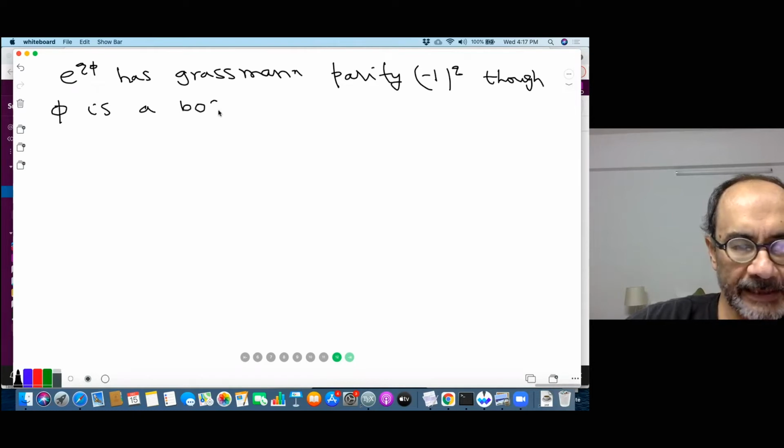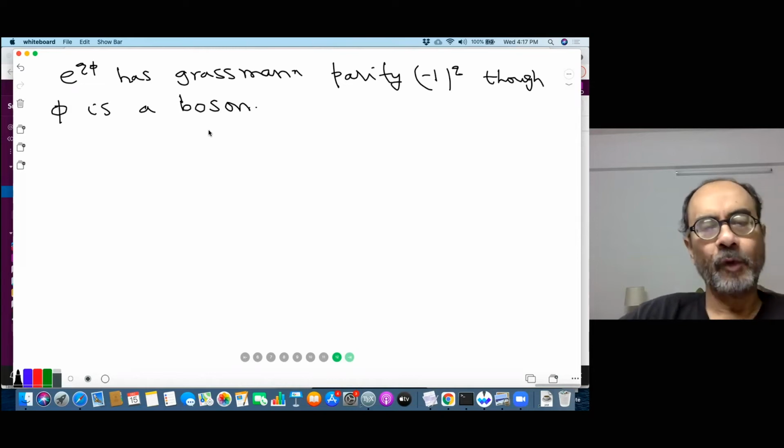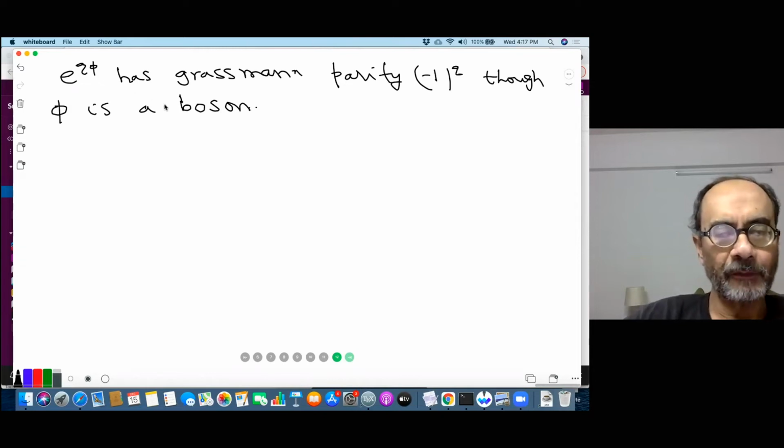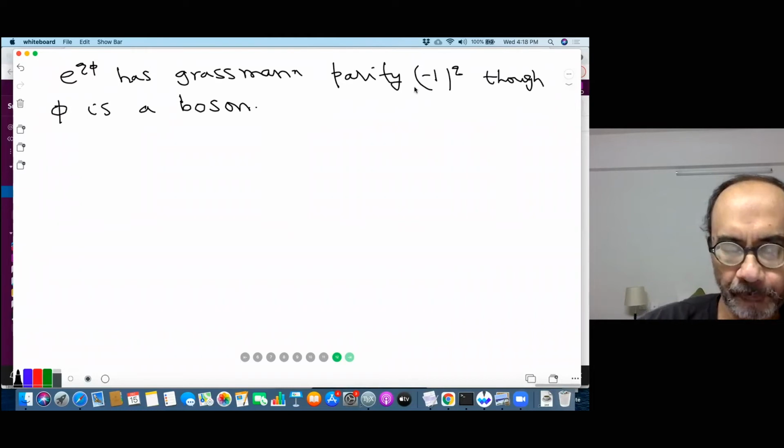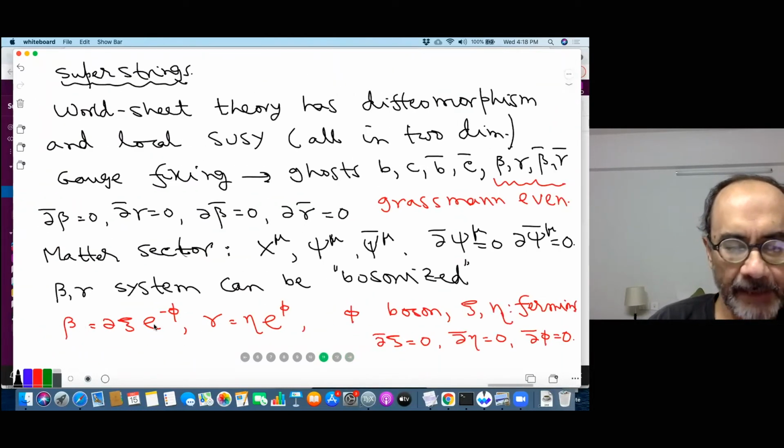And this is something that happens in 2 dimensions. In fact, we are more or less familiar with this from the old papers in the 70s by Coleman and others for bosonization. Even if you start with a boson, the exponential of the bosonic field sometimes can act as a fermion. So e to the q phi indeed has Grassmann parity minus 1 to the q. So e to the phi and e to the minus phi are both Grassmann odd. And that's the way beta and gamma become Grassmann even.